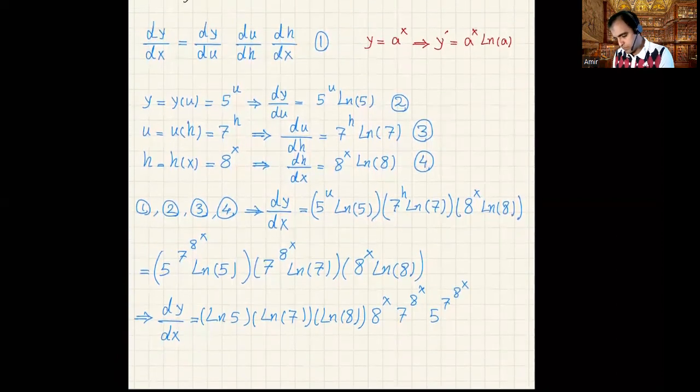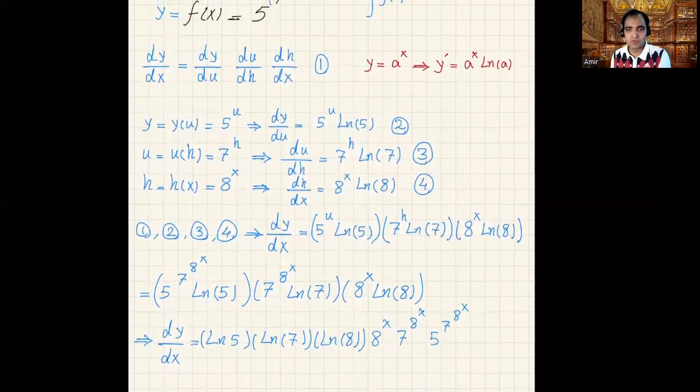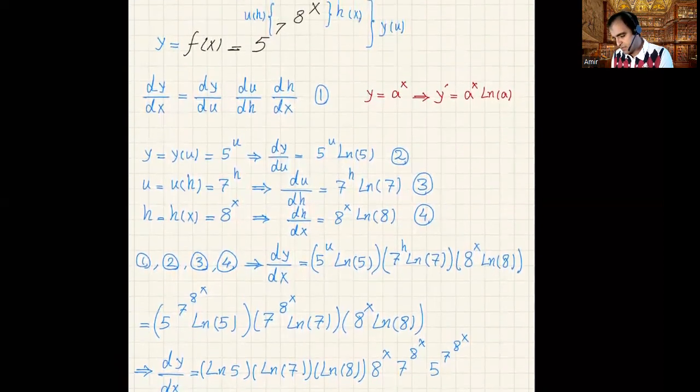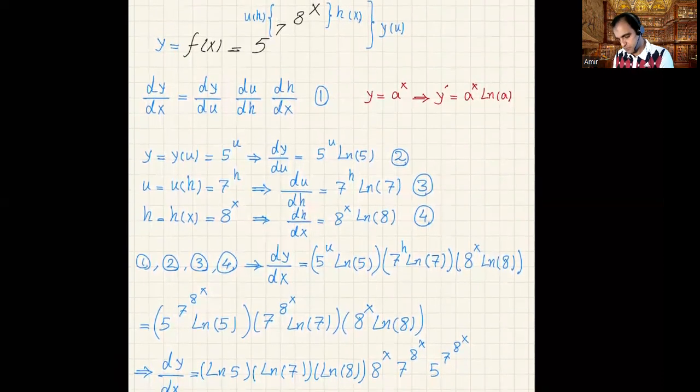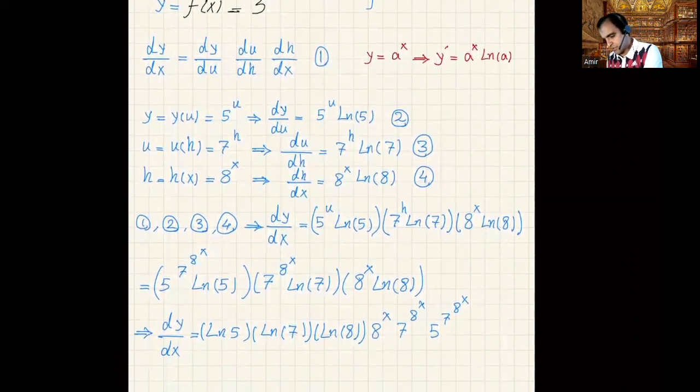So as you can see, using the chain rule twice, I obtained the derivative of this function in terms of x, dy over dx, which is actually this. So with the nested chain rule, I used the chain rule twice. I just simplified by naming h and u, so it can be easily done in terms of the chain rule.